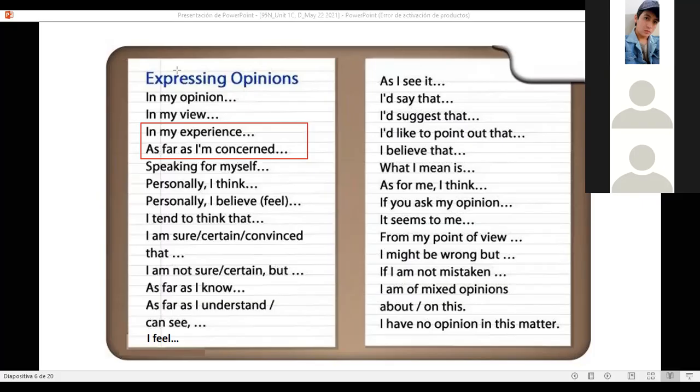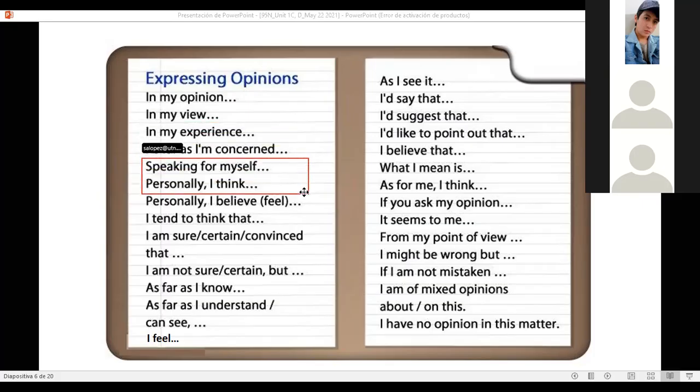Hasta donde tengo entendido, yo creo que, ¿no es cierto? So, let's move to the next two.